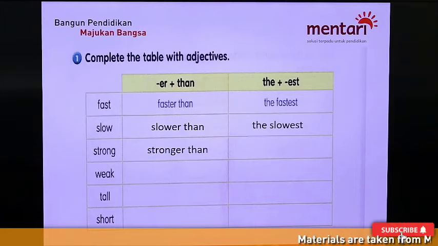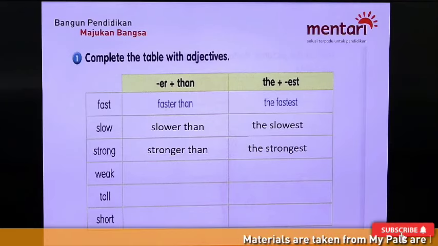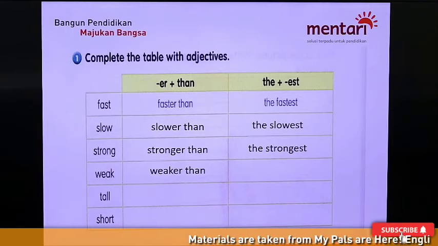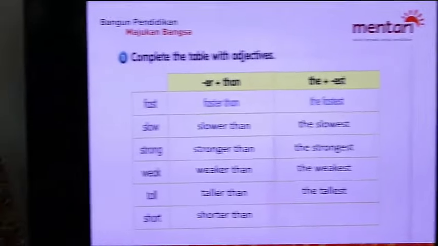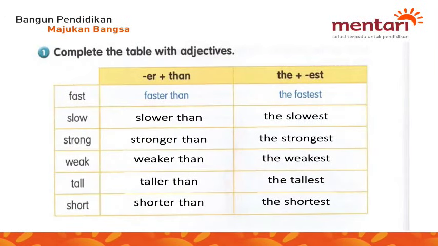The next one is stronger than, and the strongest. The next one will be weaker than, and the weakest. The next one is taller than, and the tallest. Next will be shorter than, and of course, the last is the shortest.